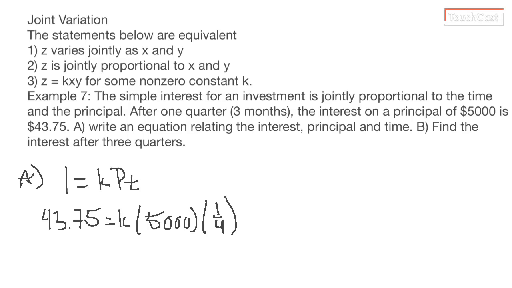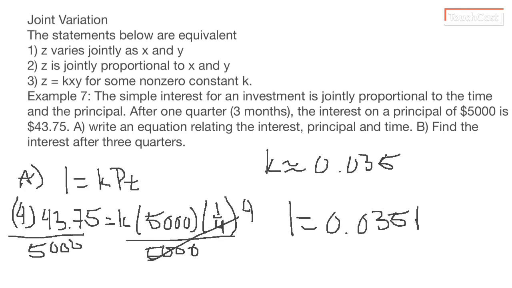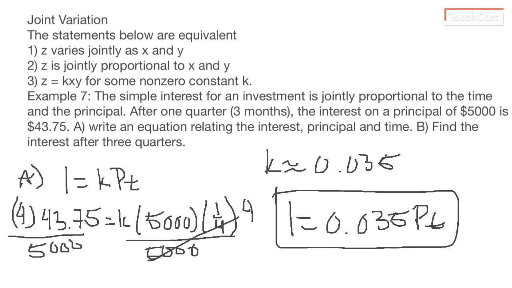If we were to multiply both sides by 4 and divide them by 5,000, that will get rid of everything on the right except for K. And it'll also help us figure out that K is about 0.035. So our equation is I equals 0.035 PT. Now we have to figure out, for part B, the interest after 3 quarters.